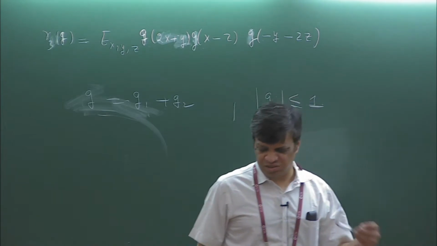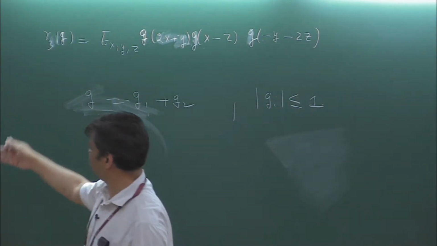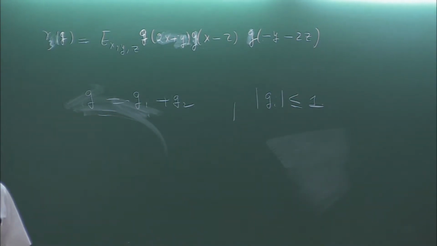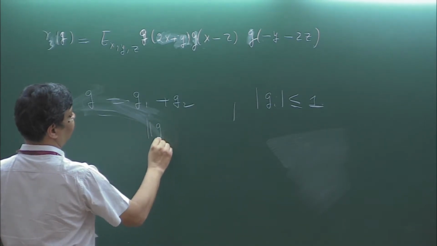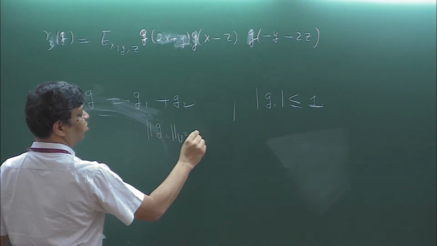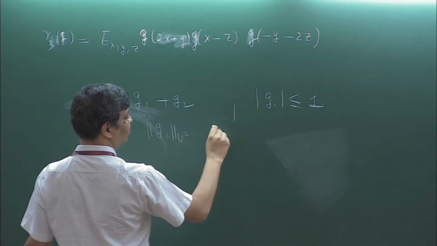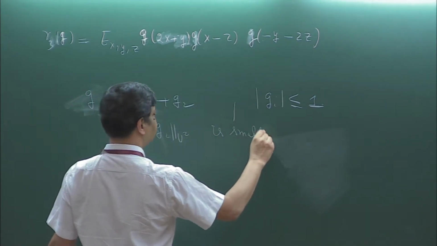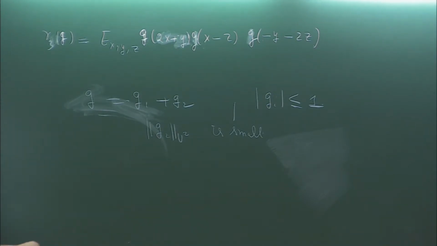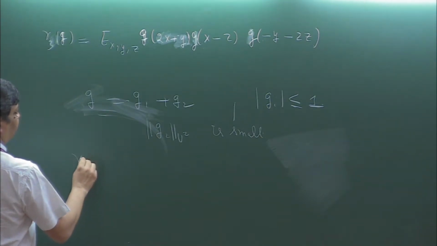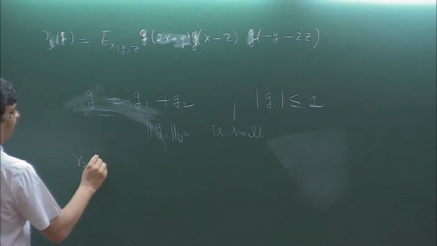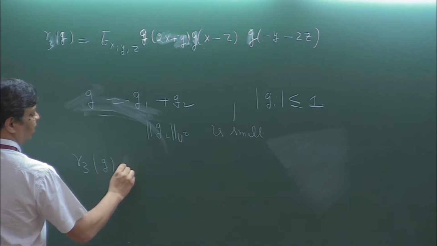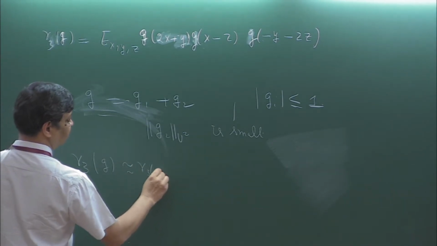The absolute constants won't play so much of a role here. And the U2 norm of g2 is small. Then my claim is that this particular result implies that gamma 3 of g is nearly equal to gamma 3 of g1.